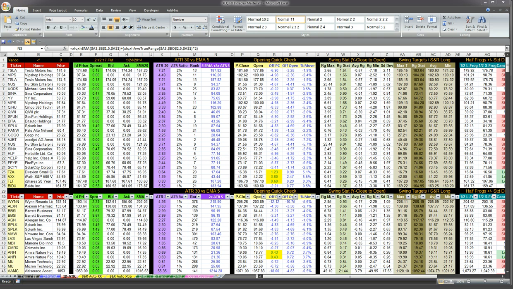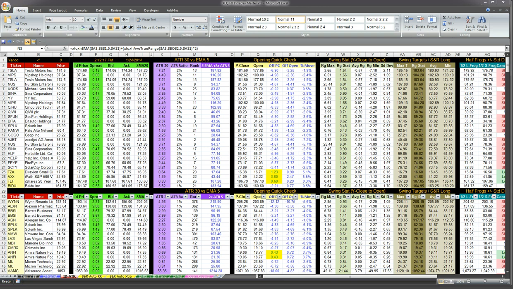And I use this as a guide to prevent me from chasing stocks up, especially on swing and position trades. If the stock has moved up to 187.82 before I've had a chance to get in, I'm probably going to think twice about it because it's pretty extended and carries more risk. And there's many other trades that I can get into that aren't overextended, so I use this as a guide to keep me from chasing.